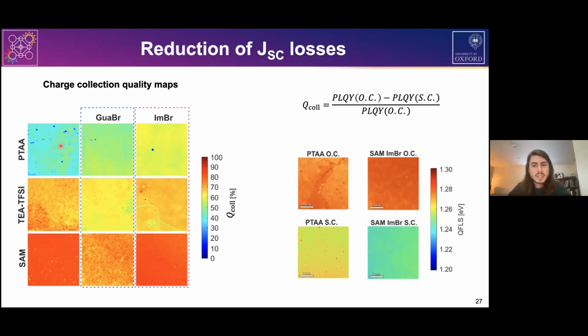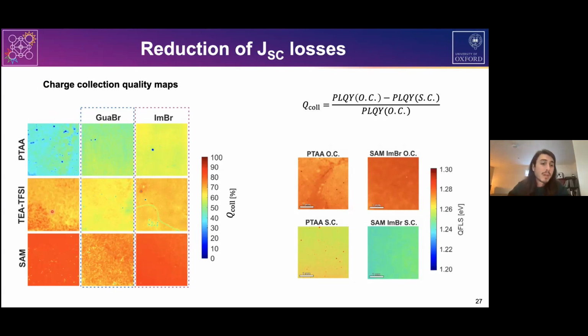You can see that with PTAA, we already suffer from some regions where the extraction of charges is really low. This is maybe related to how you process your device, something related to structure or defects when you build the device.